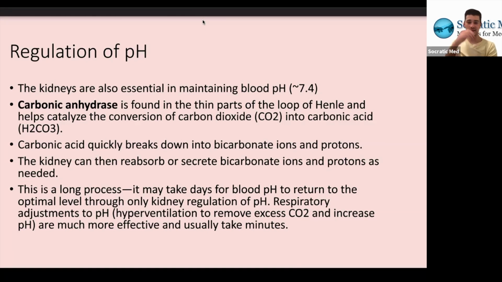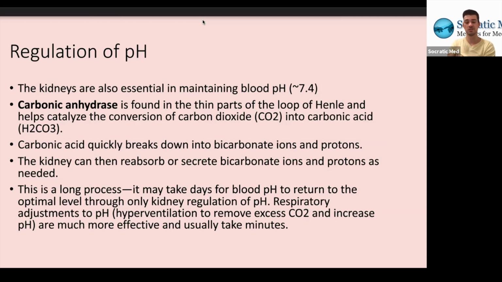But like I said, it is a very long process and it can take days for blood pH to return to normal, even just from a couple of decimal points, just because you can only excrete protons so fast. But the respiratory adjustments to pH, like hyperventilation, work very quickly. It takes usually minutes.